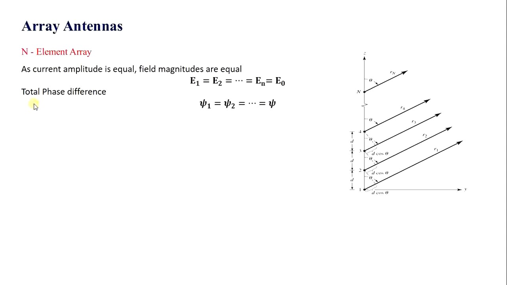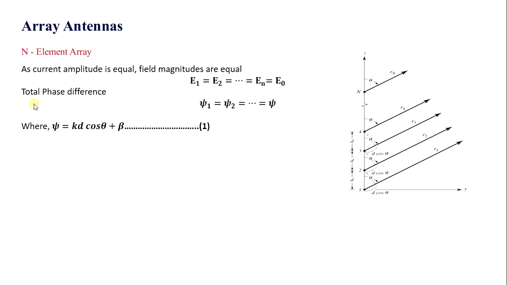We have considered it equal to psi, where psi is equal to kd cos theta plus beta, where beta is the initial phase difference, whereas k is equal to 2 pi by lambda.